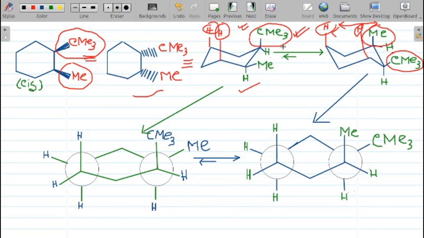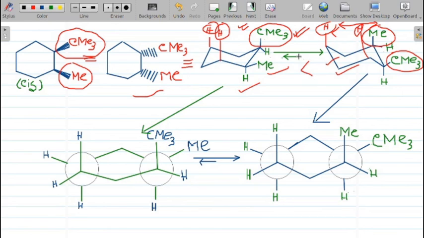Here you can see that more steric strain is present than in this conformation. So according to the steric strain, we will say that this conformation is more stable than this conformation.